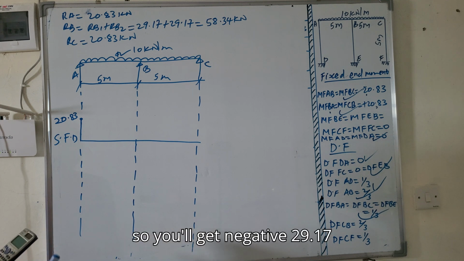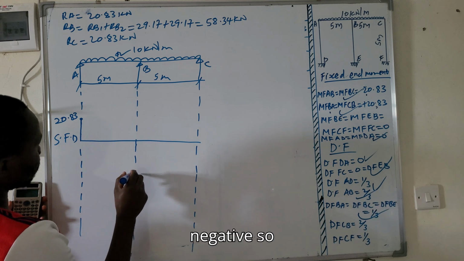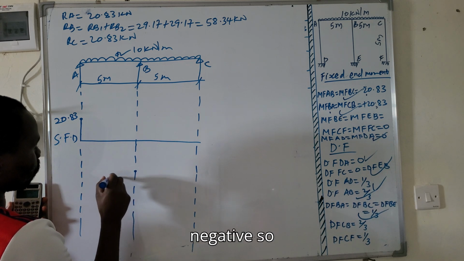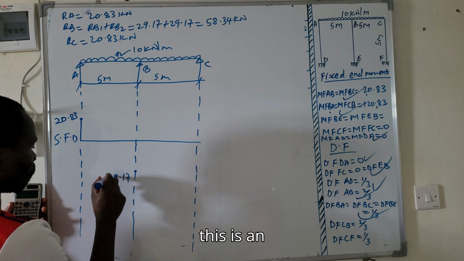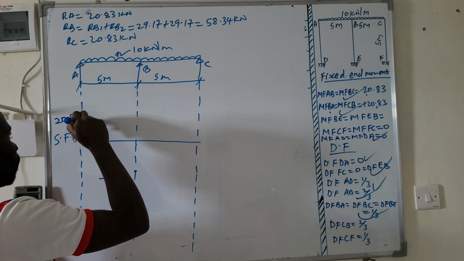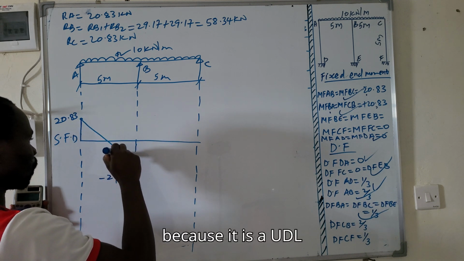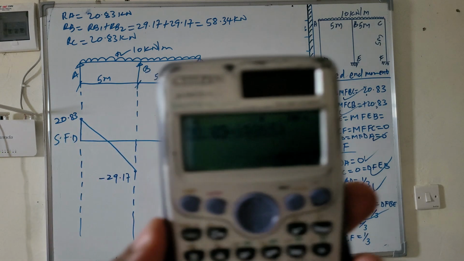You'll get negative 29.17. We'll come here, approximate this is negative 29.17. So this is an inclined line because it is a UDL. Let me show you my answer.